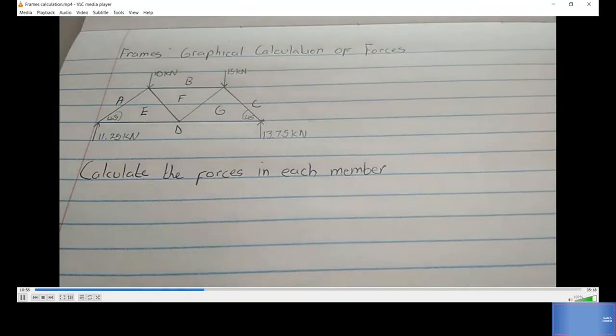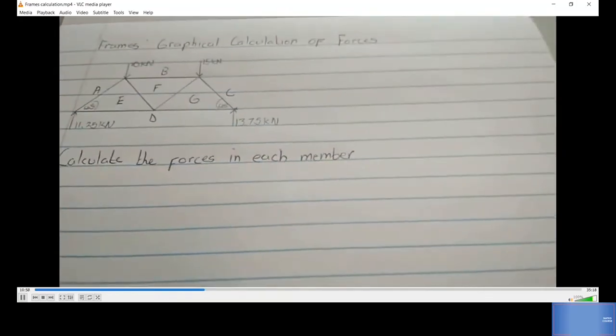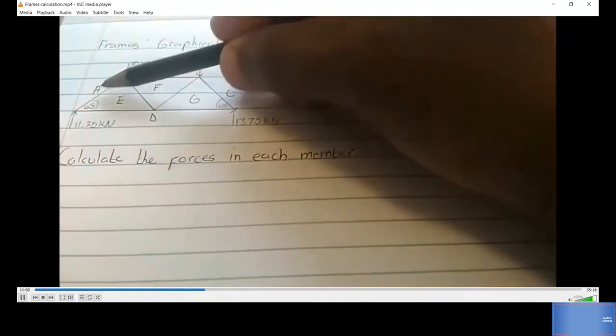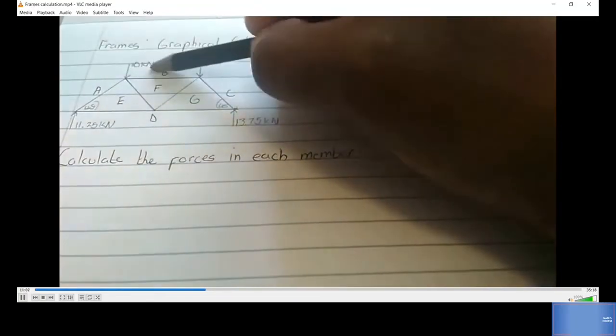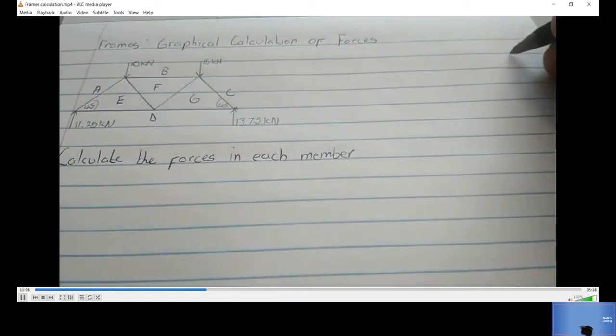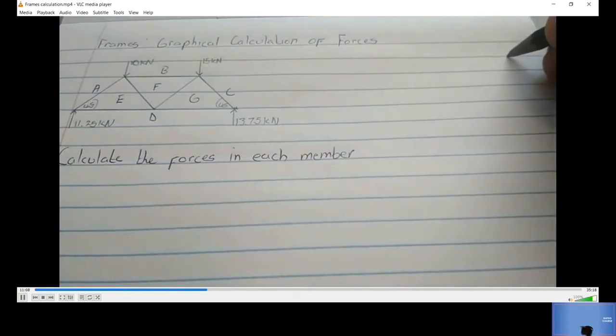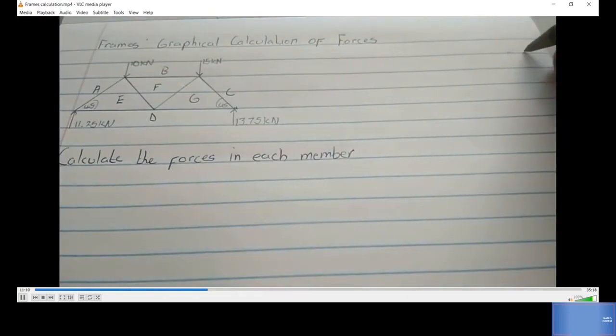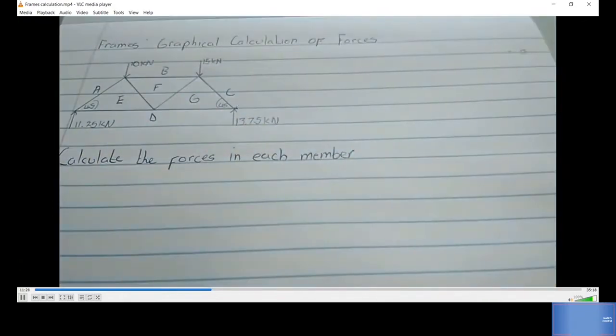Right, so how you do this is that if you look there, you have A and B. So the first point is to consider a point, put a point there, and call it A. Now, between A and B, moving from A to B, there's a force of 10 kilonewtons going down.